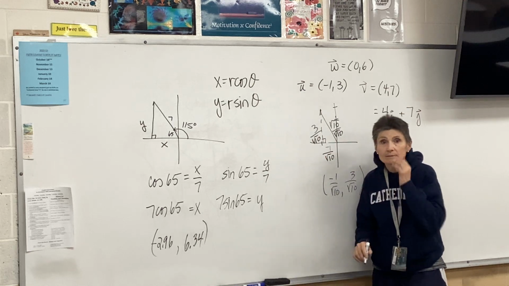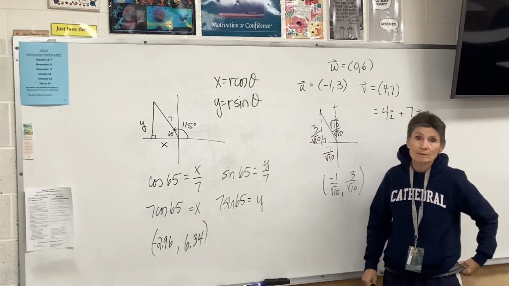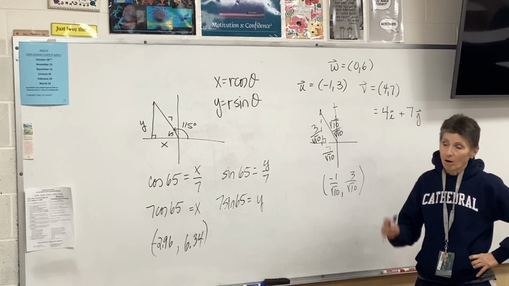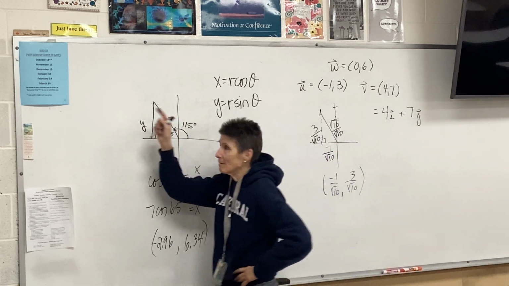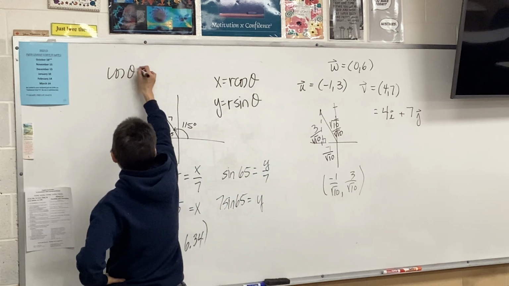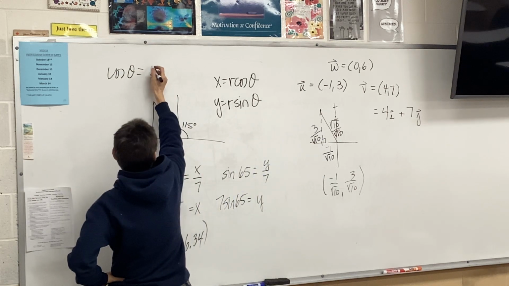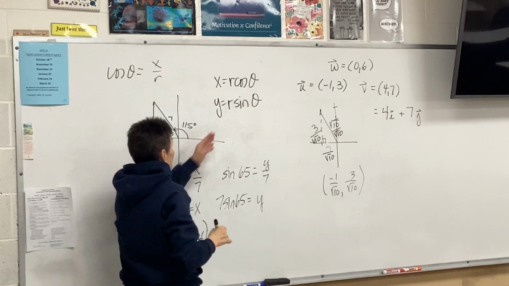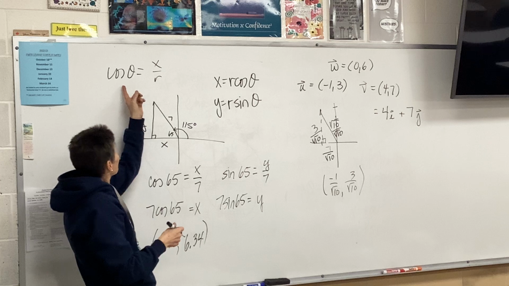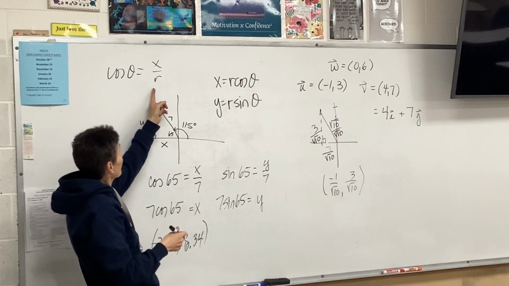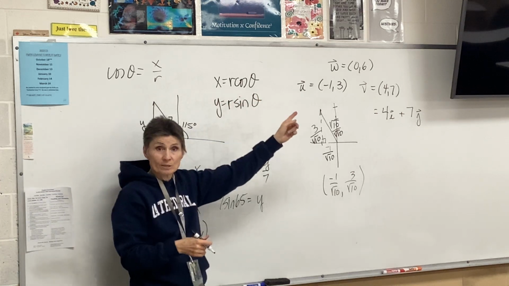X and y will always be found by doing r cosine and r sine. Because again, those are the definitions. Cosine is x over r. You memorize that. That's a definition of cosine. So cosine is x over r, so x is going to be r cosine theta.